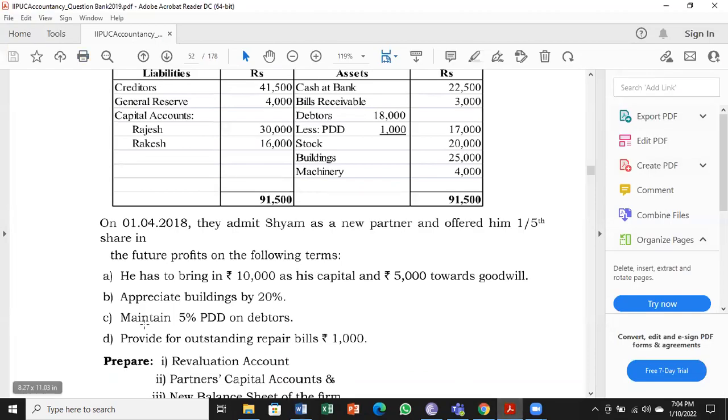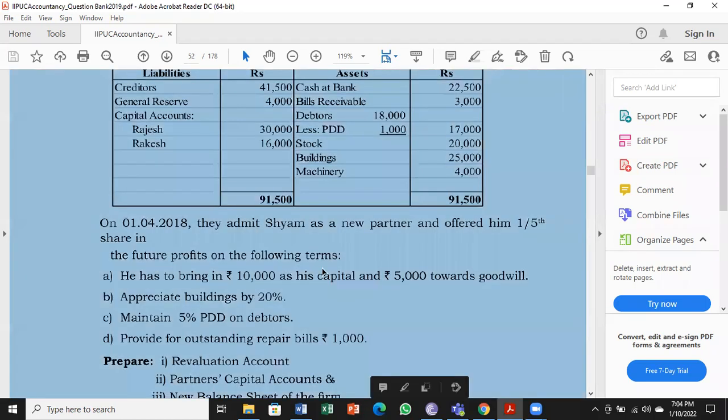Next, maintain 5% PDD on debtors. This is most important. Let me explain what maintain means. They say, according to this adjustment or term, the new balance sheet should have a PDD of 5% on 18,000.